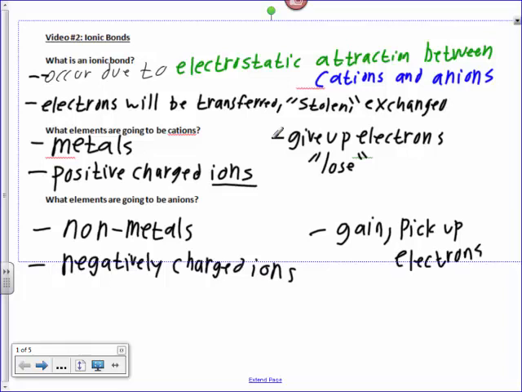So that's simple. An easy way to remember this is if you spell out cation, it has a T in it, which looks like a positive sign because they're positively charged. So once again, if you memorize what a cation is, anions are everything else. Or if you just want to go ahead and memorize them all, go ahead. But you've got to know for the rest of the year what a cation is and what an anion is, because it's going to be a big, big deal.